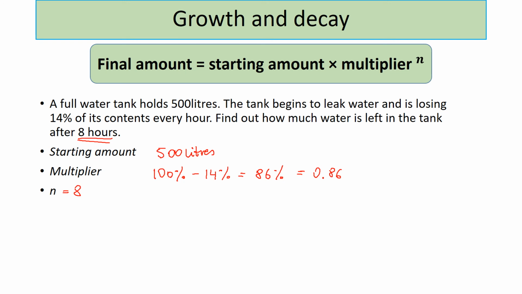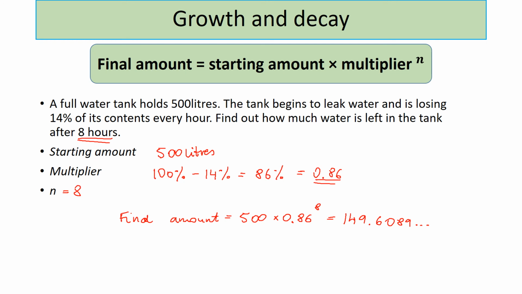And now we just put it into our formula. So to work out the final amount, we need the starting amount, which is 500, times it by the multiplier, which is 0.86, to the power of n, which is 8. Put this into a calculator and you get 149.6089 and so on.